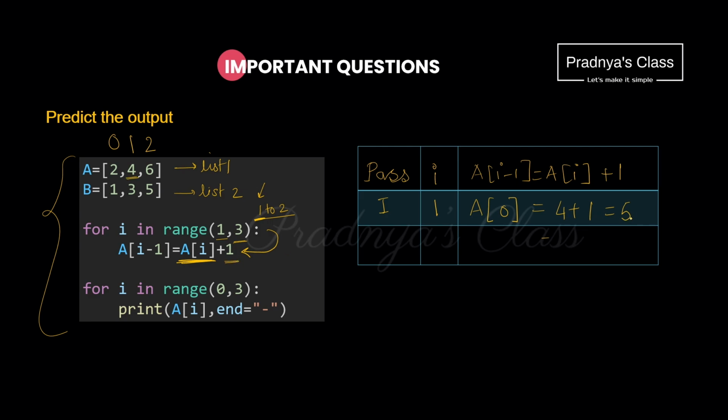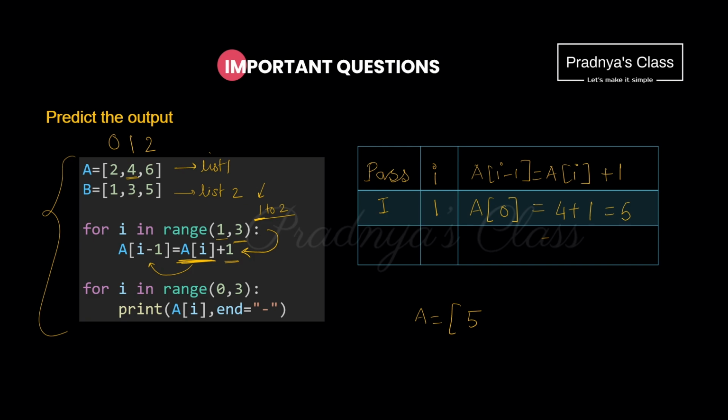It will be 5. But where is it getting initialized? A of I minus 1. I is nothing but 1. 1 minus 1 will be 0. It means A of 0 becomes 5. So with that you know what happened. We changed the first element of the list A. List is mutable. We can change the individual elements of the list in place. The original list will get changed.